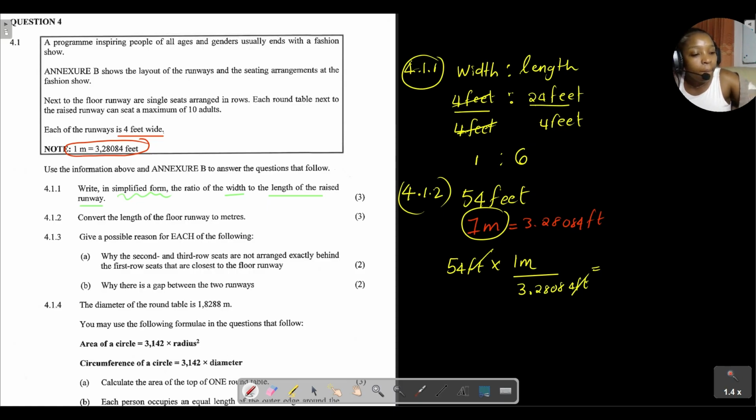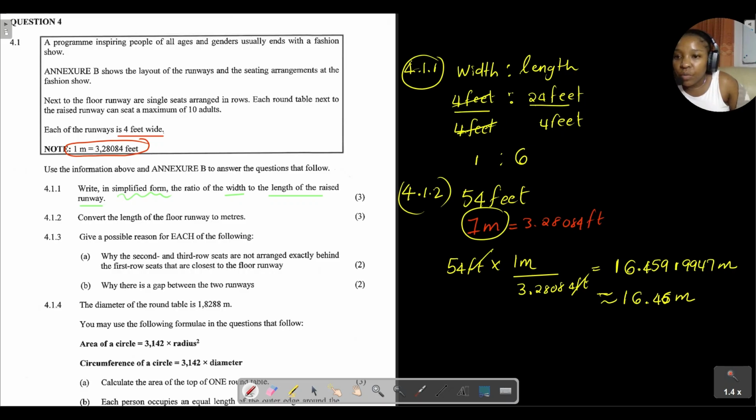So 54 multiplied by 1 over 3.28084 gives 16.45919947 meters. Then we can round it off to 2 decimal places, which is 16.46 meters. So that's our answer in meters.